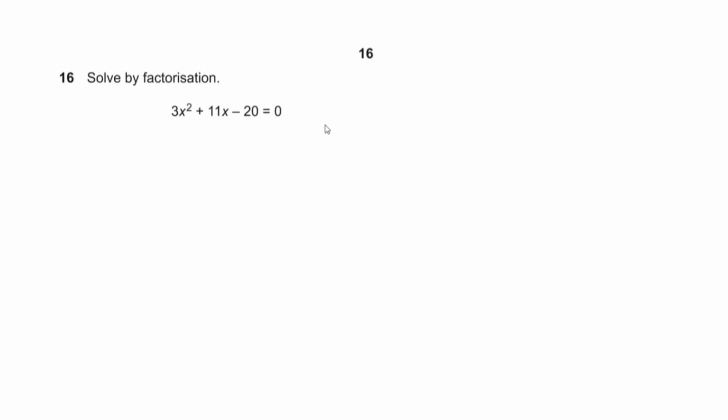Question number 16, solve by factorization 3x squared plus 11x subtract 20 equals 0. So what we require here are two numbers which multiply to give 3 times -20, which is -60, and which add to give 11. What you will find is those two numbers are 15 and -4.